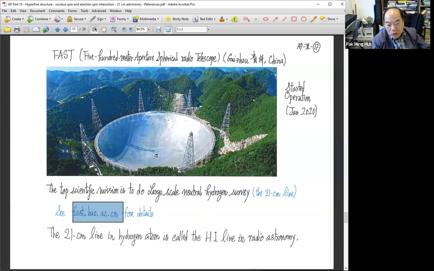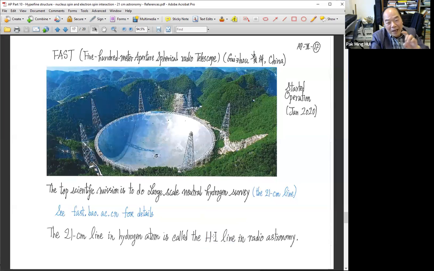And you will see the first scientific goal of this big setup is to do something called the H I line survey. When you see in astronomy, H, this is a Roman numeral I, okay? This is the H I line. It means what we discussed, the 21 centimeter line, okay?